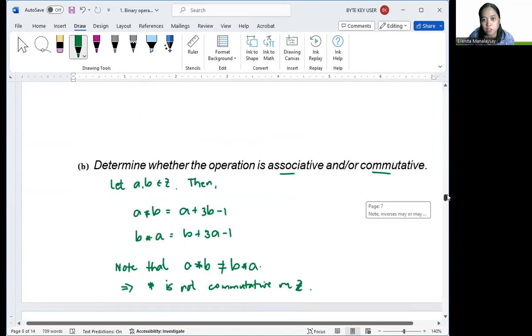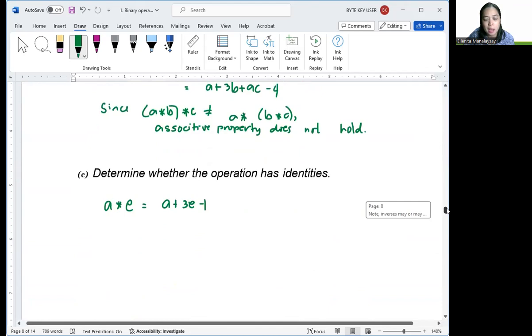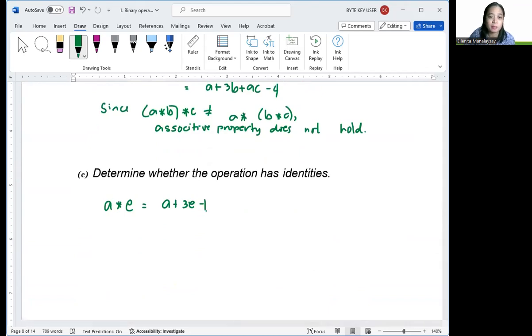Okay? Again, let me check. A plus 3E minus 1. If it has an identity, the sum should be equal to A, I'm sorry. This is equal to A. So let us try to consider this.